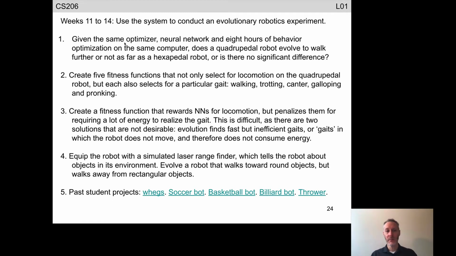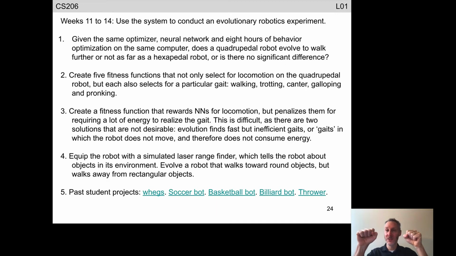For example, you might want to ask the question, how do robots with different body plans, so if you have a 4-legged or quadrupedal robot and a 6-legged or hexapedal robot, so you have 2 different robots, you run your evolutionary algorithm on the quadruped for about 8 hours, and at the end, how fast does the evolved quadrupedal robot move? You run your evolutionary algorithm for another 8 hours on the hexapedal or 6-legged robot.